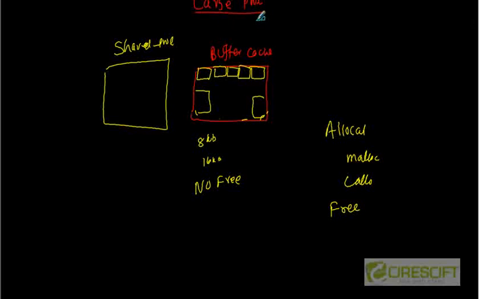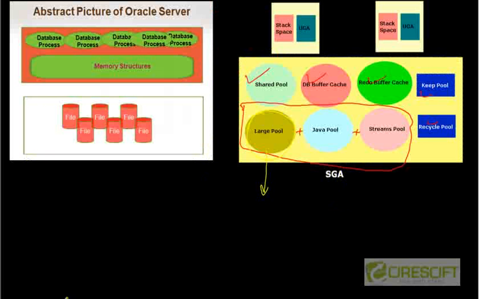This pool is used for different things. For example, in a shared server mode, the UGA is going to reside in the SGA. The picture I'm drawing assumes a dedicated server mode.